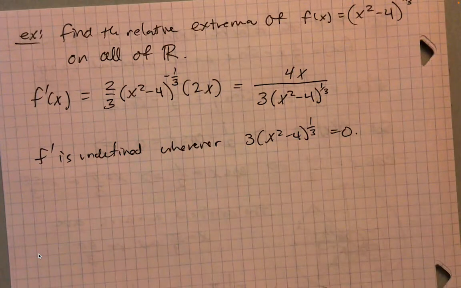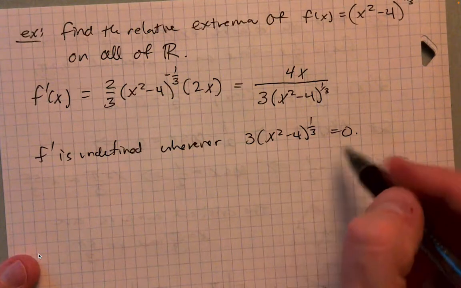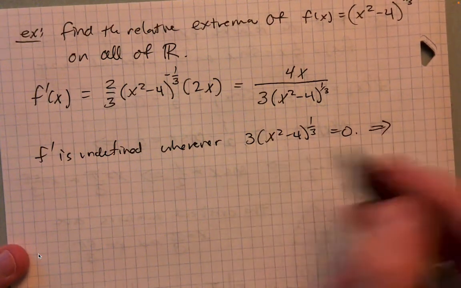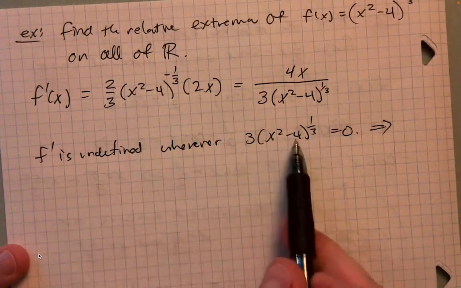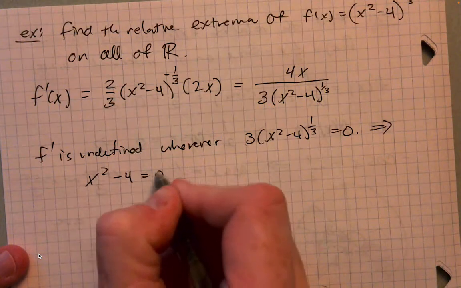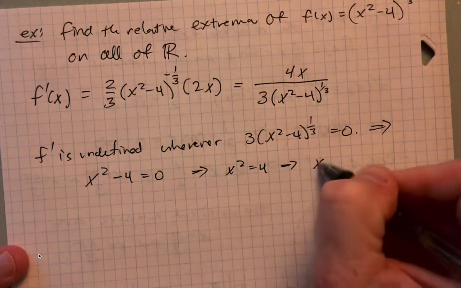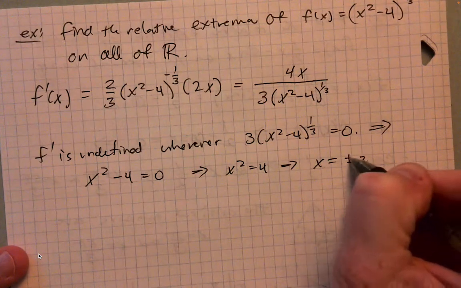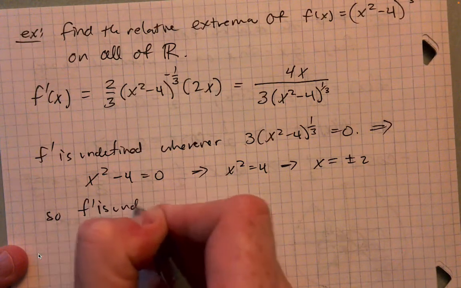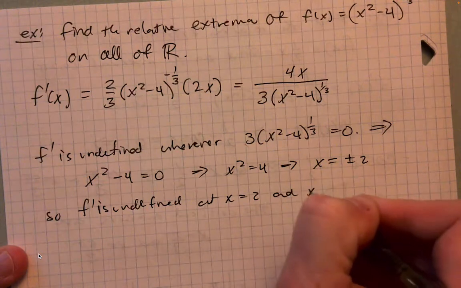You could take a second here to figure this out. This looks way more complicated than it is. Divide both sides by 3 and then cube both sides, which gets rid of the 3 and the 1/3 power, and you get x squared equals 4, which implies x equals plus or minus 2. So f prime is undefined at x equals 2 and x equals -2.